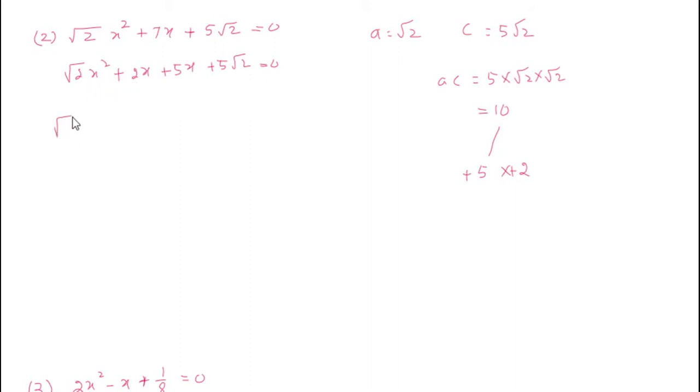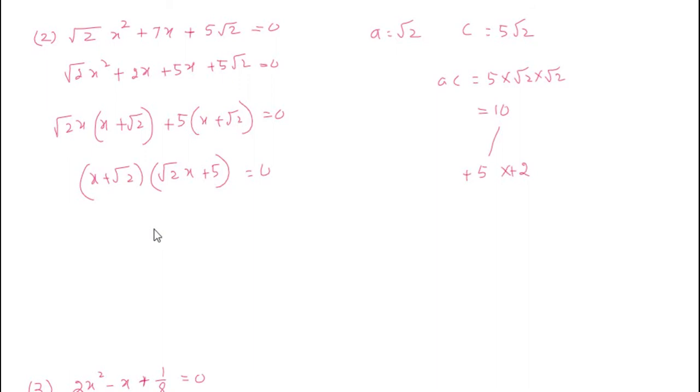What is remaining here is x, and from 2 if you take root 2, you have root 2 remaining, plus take 5 out, so what is remaining is x plus root 2. x plus root 2 is common, take it out, what is remaining is root 2x plus 5, that is equal to 0.